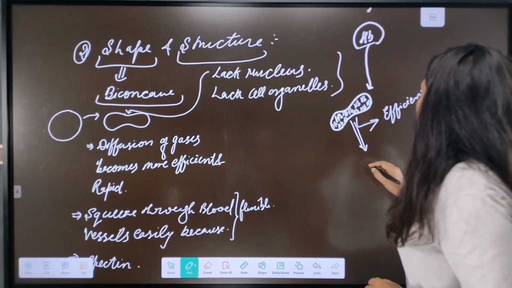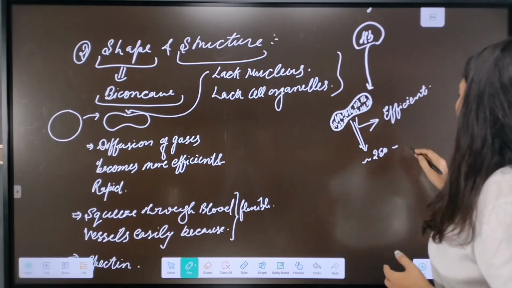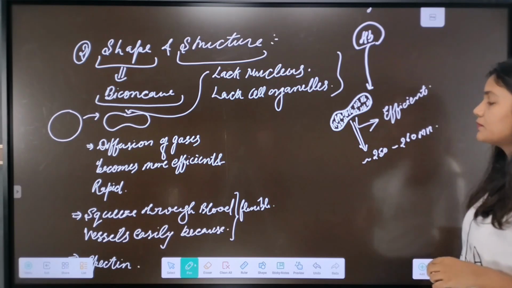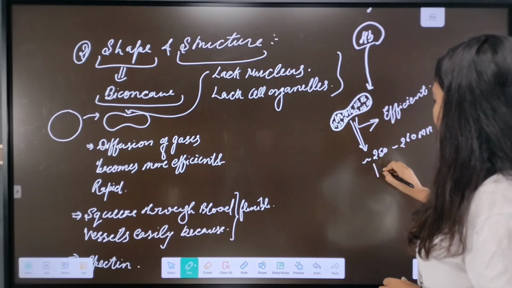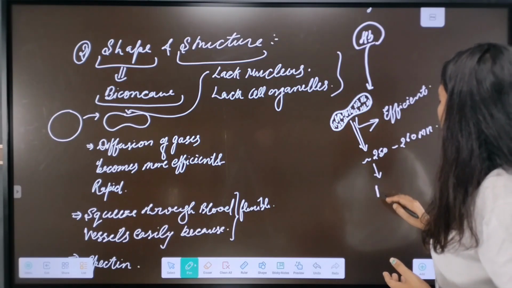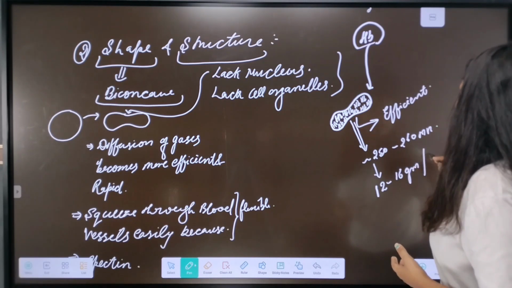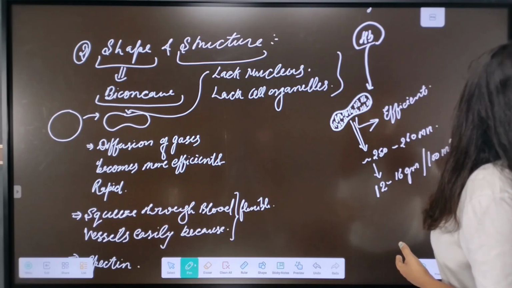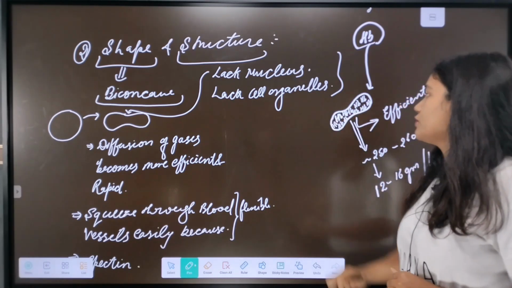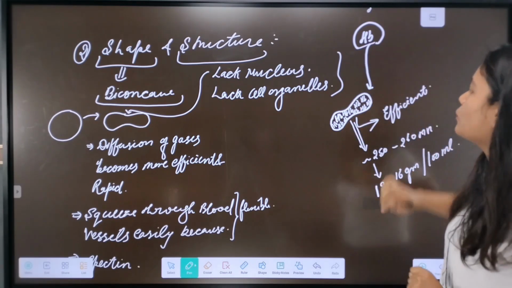Okay, they are about 250 to sometimes 300 million in number. And if we see them in grams, about 12 to 16 grams per 100 ml of blood. So because of the lack of a nucleus and cell organelles, the cell has more space to pack the hemoglobin.